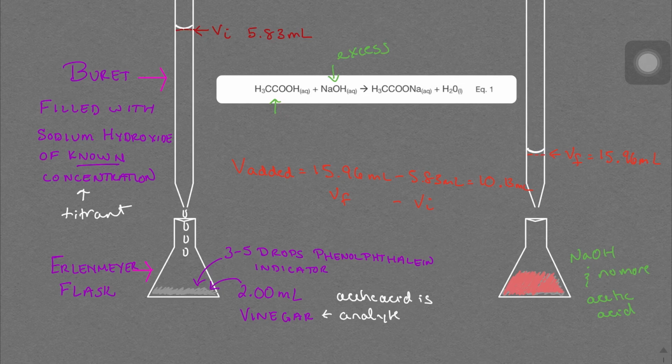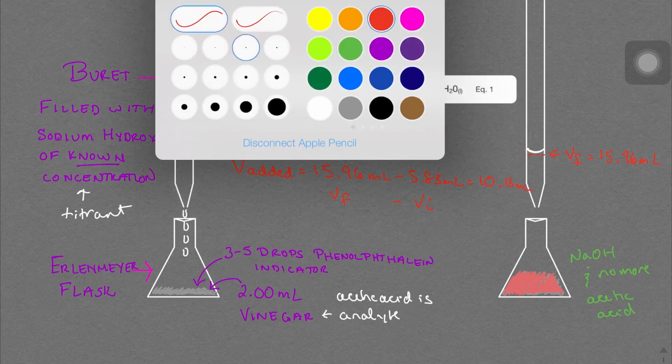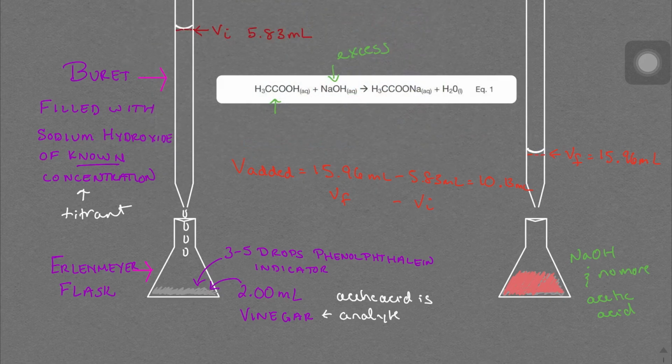And so once we know how much sodium hydroxide we added, and we know the concentration of sodium hydroxide, then that will allow us to calculate how many moles of NaOH we needed to react away all of the acetic acid.